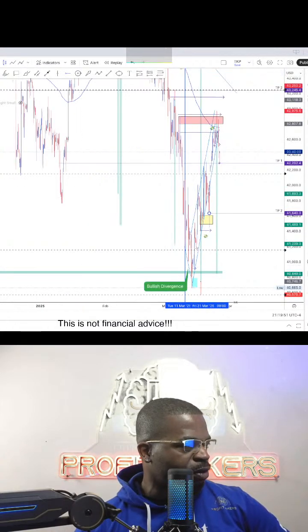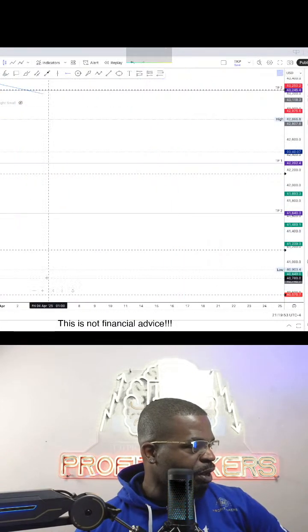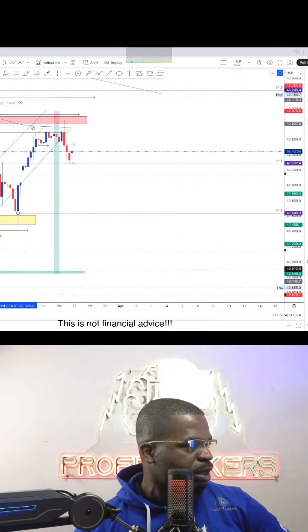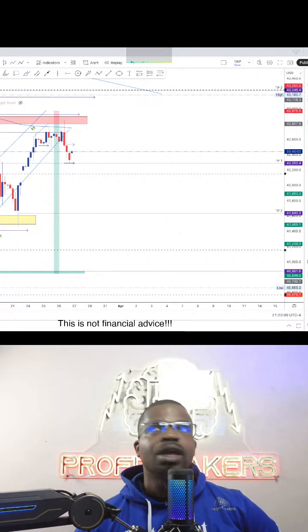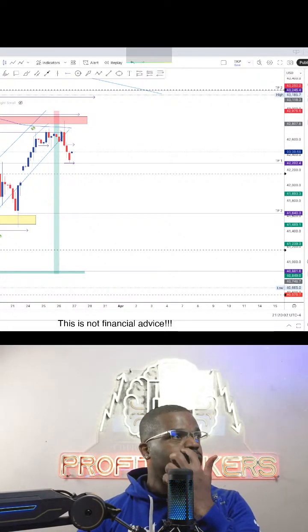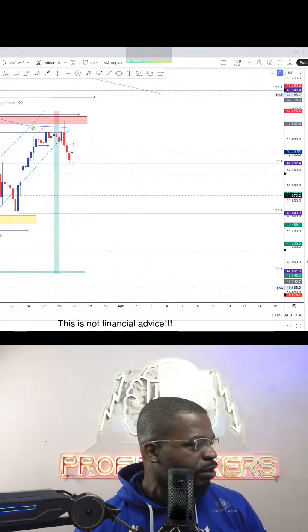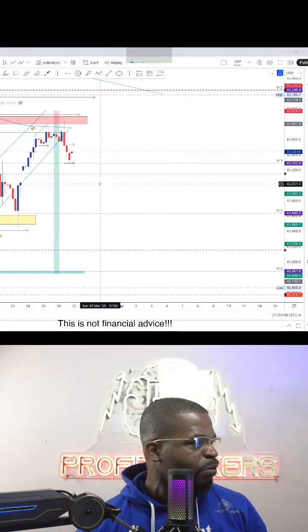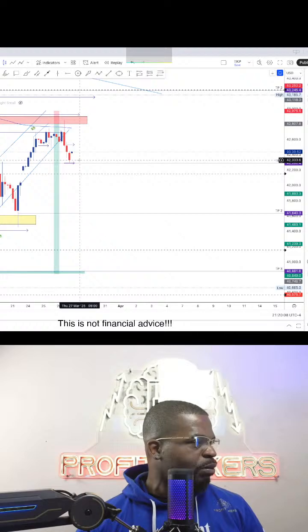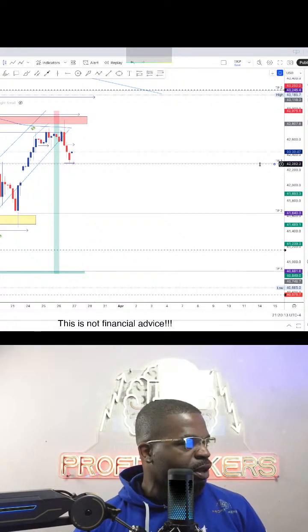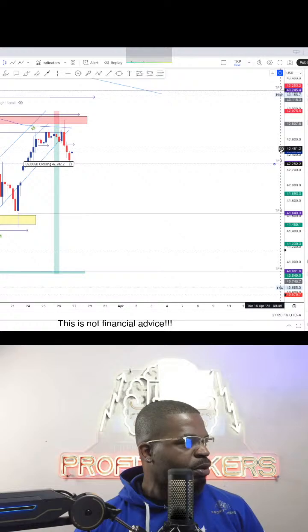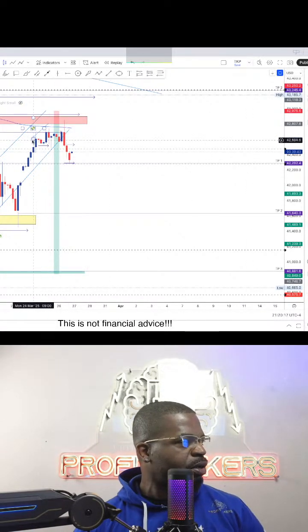I believe we were looking at a 4-hour zone as far as a pullback area. Yeah, right here. That'll be our TP3. Let me move these alerts up here.